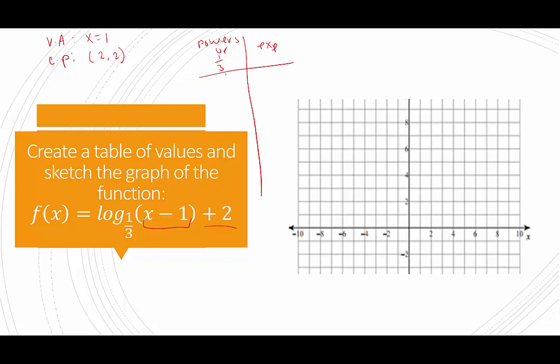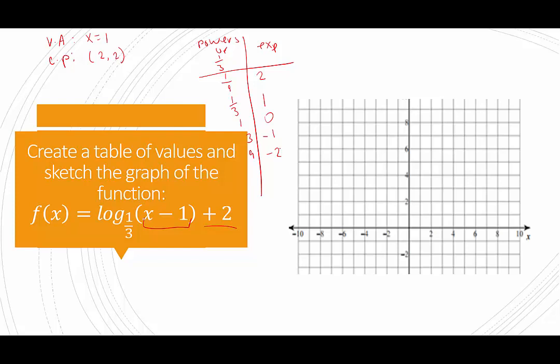So the powers of 1/3, we might use 1/9, 1/3, 1, 3, and 9 are all powers of 1/3. 1/9 is 1/3 squared. 1/3 is 1/3 to the 1. 1 is 1/3 to the 0. 3 is 1/3 to the -1. And 9 is 1/3 to the -2. That's what we want to keep in mind as we look at this graph.